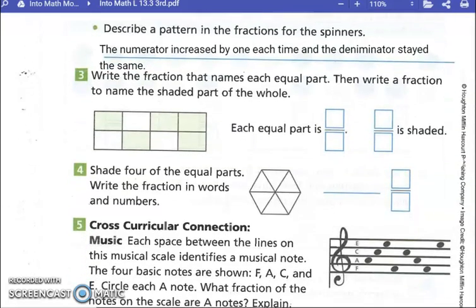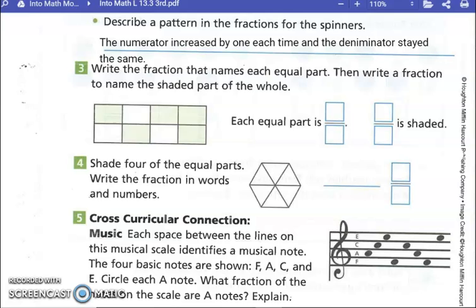Number 3 says write the fraction that names each equal part. So they're talking about one part of this drawing. Whether it's this one, that part, or this part, whatever one I choose, when I'm choosing one of them, it is 1/8 of the thing.